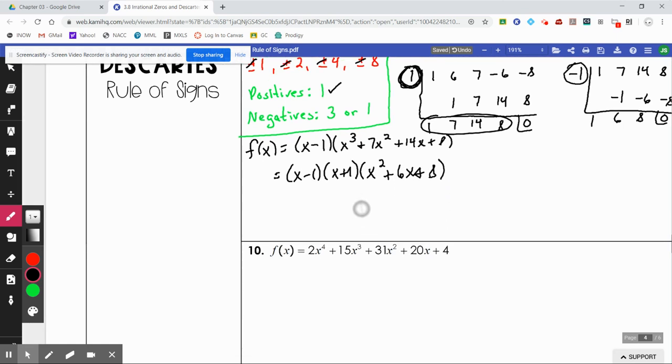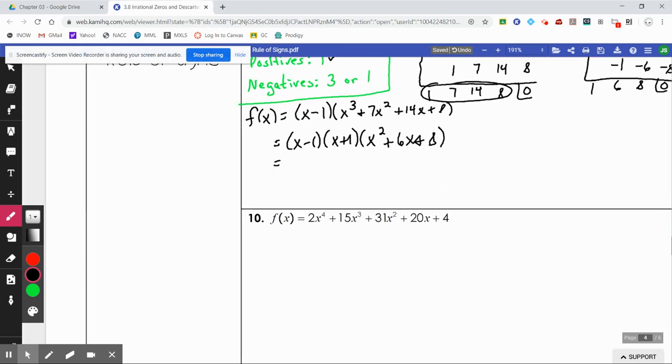And then I can now simplify that down by simple factoring. That's going to be x minus 1, x plus 1, and this will break down into adds to give you 6, multiplies to give you an 8, would be a positive 2 and a positive 4. So my zeros are going to be 1, -1, -2, and -4.